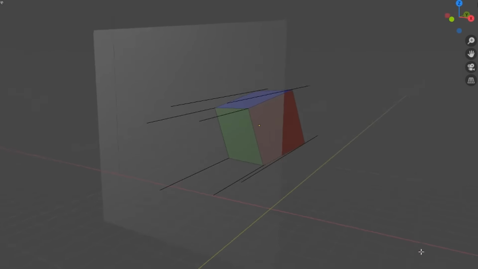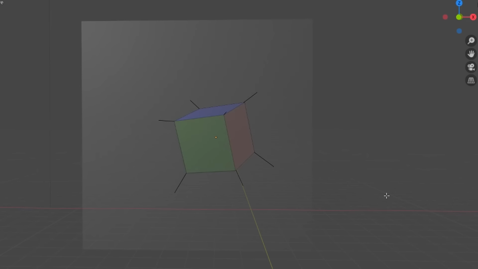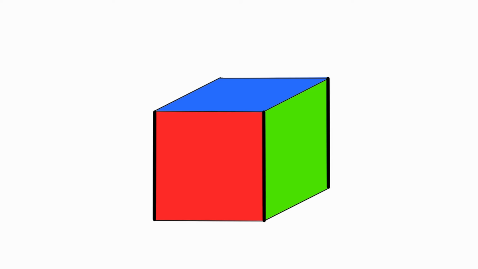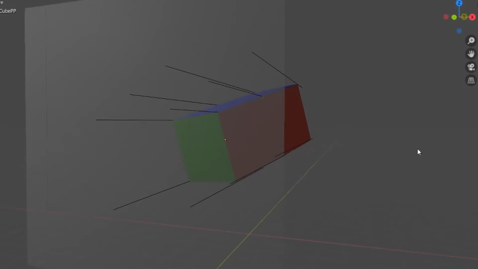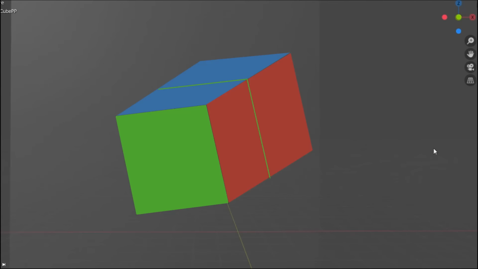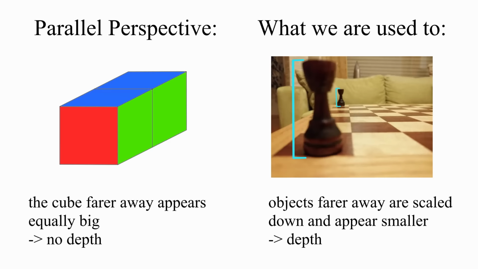These intersections with the canvas yield our image, which will look about like this. Producing an image this way causes lines that are physically parallel to be parallel in the image too, and it also implies that objects that are farther away are not scaled down accordingly on the canvas, like we otherwise are used to. The depth of the image is gone.